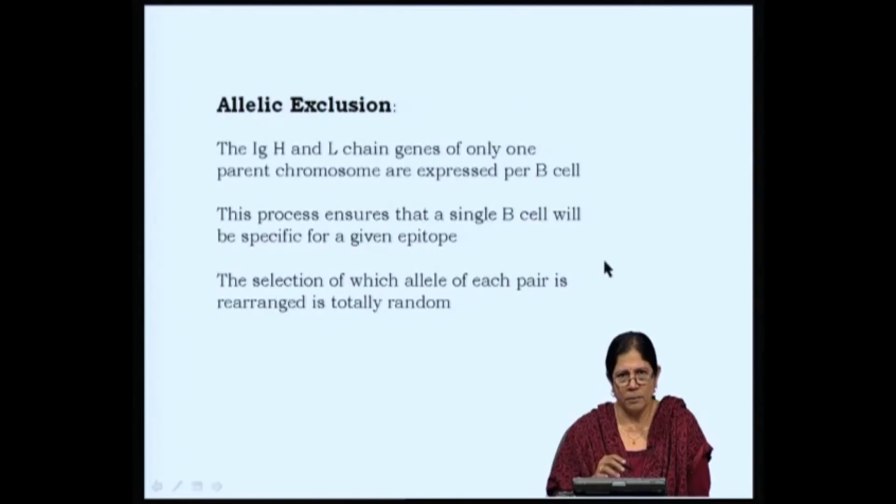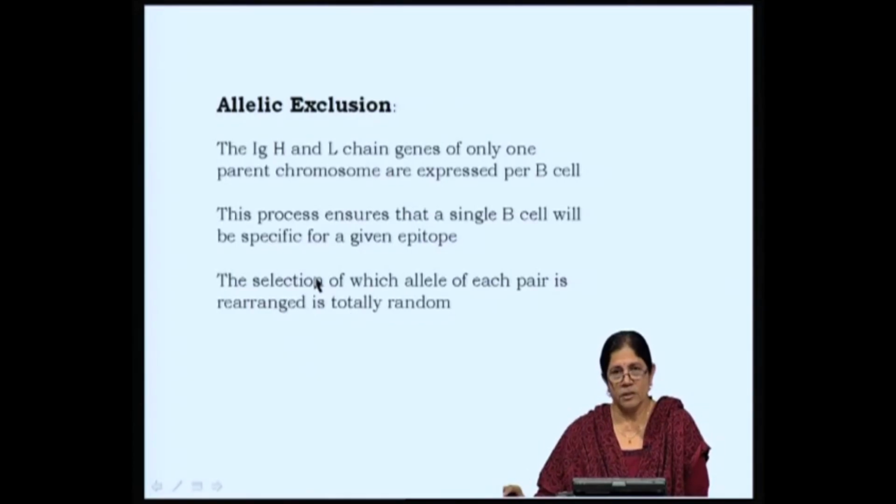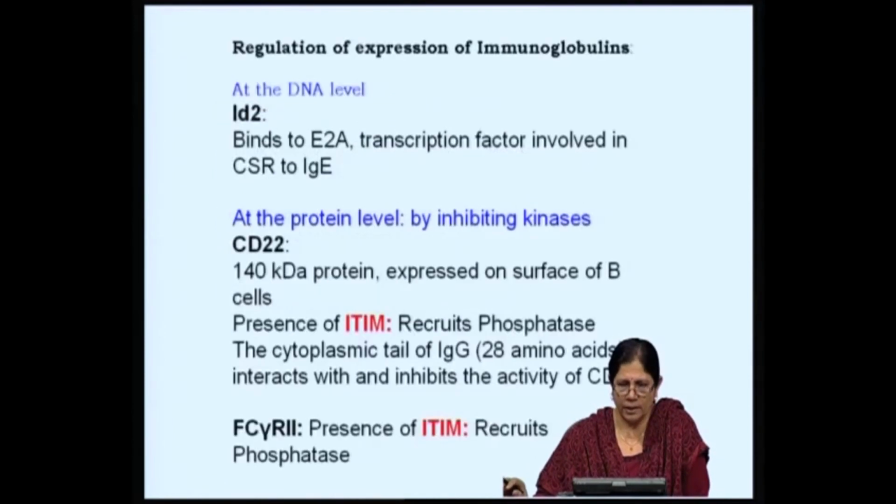However, in the B cells, which heavy chain allele is taken or rearranged first, or is successful, is totally random. But this is important so that one B cell recognizes only one epitope of any antigen, and therefore makes antibodies of only one type.